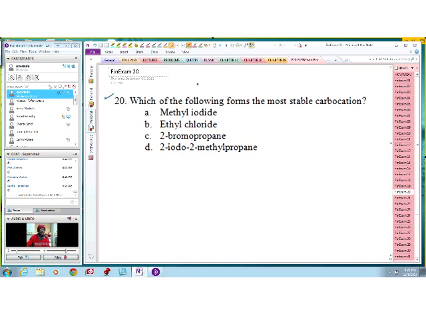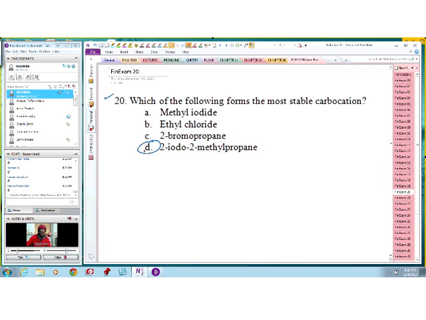Okay, thank you. Once again, this is also related to the last two questions. Does anybody have an answer to this? Methyl iodide, ethyl chloride, 2-bromopropane, and 2-iodo-2-methylpropane. All of you got that right. D is correct.